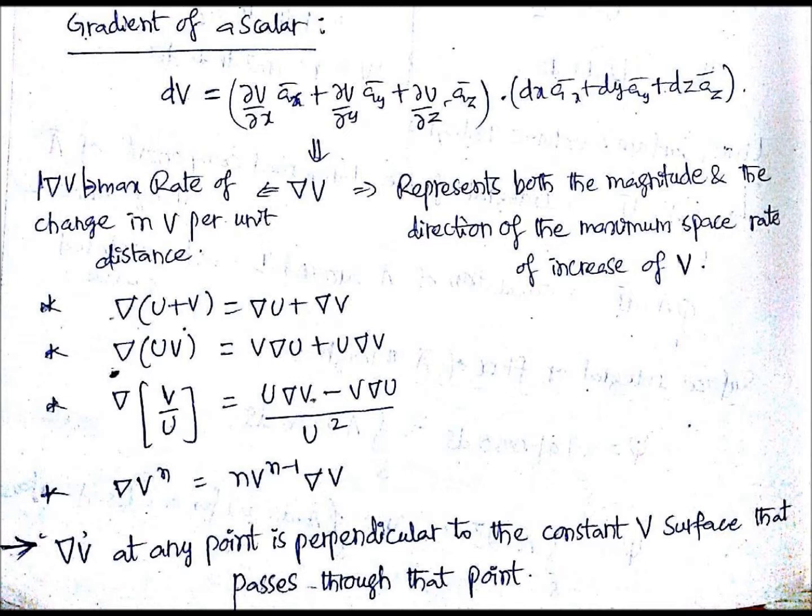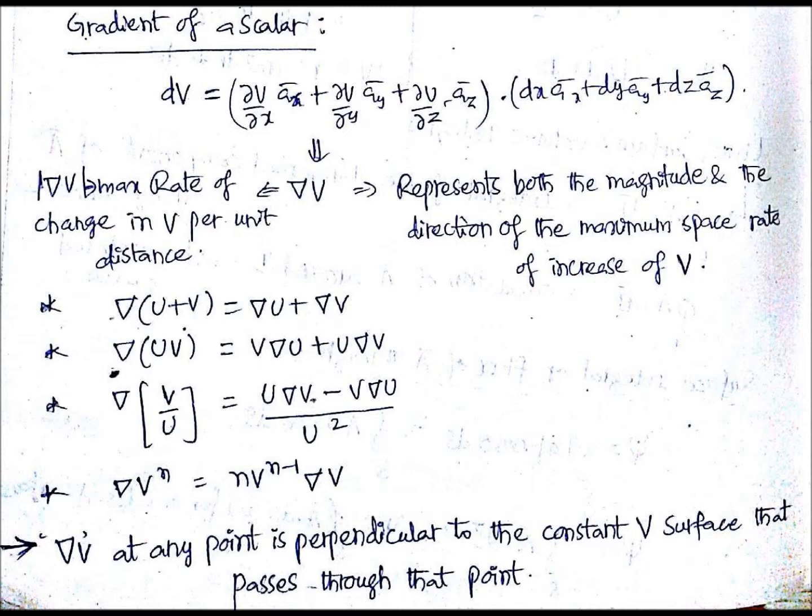It also represents both the magnitude and the direction of the maximum space rate of increase of v, because as the result is a vector, it is going to have both magnitude and direction, and I am saying which direction it is going to represent. So that is important.